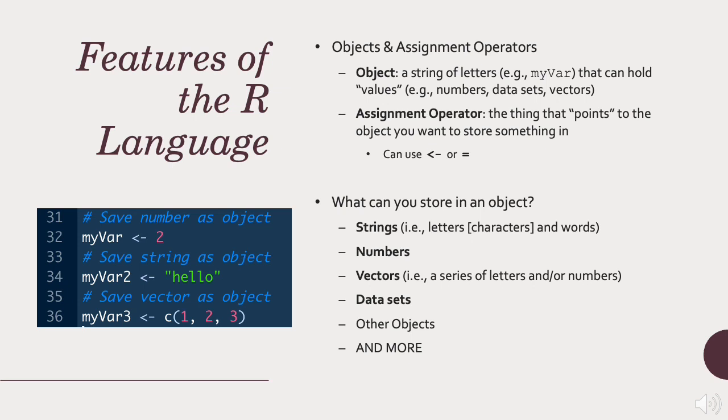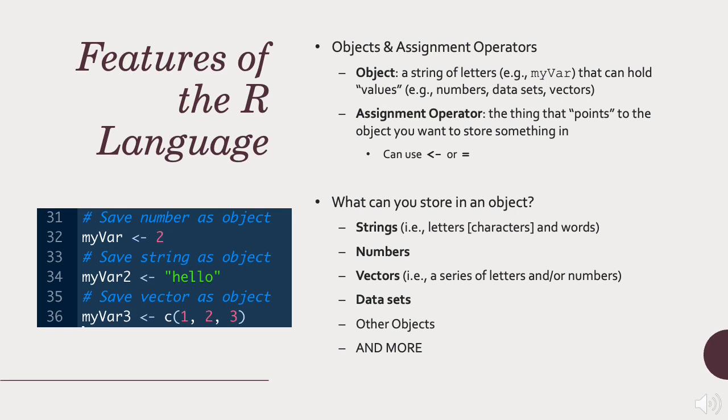You can also store vectors, and that's what I have on the bottom. And a vector, we're not going to get a ton into the math of vectors. That's a whole linear algebra thing. That's technically important to the underlying statistics, but a bit too much for our purposes. All you need to know is that vectors are oftentimes a list or a series of letters and or numbers.